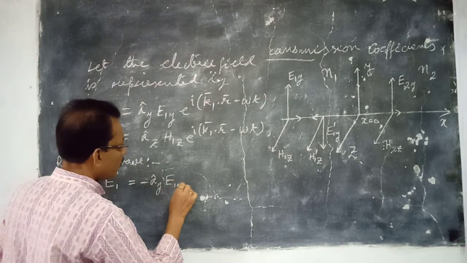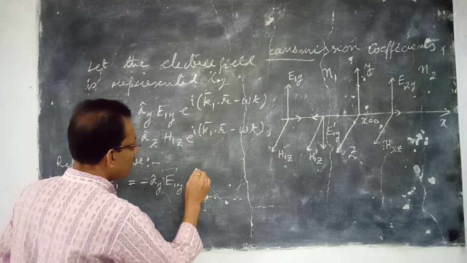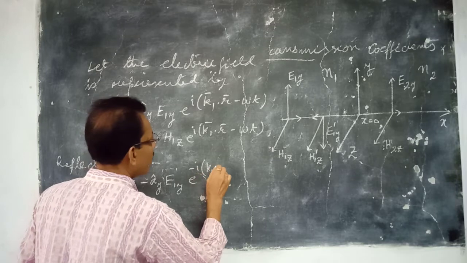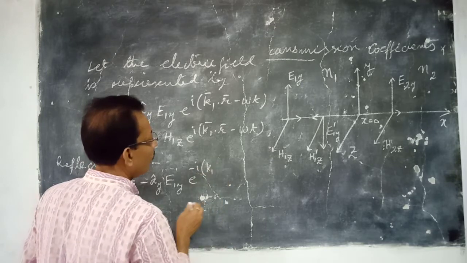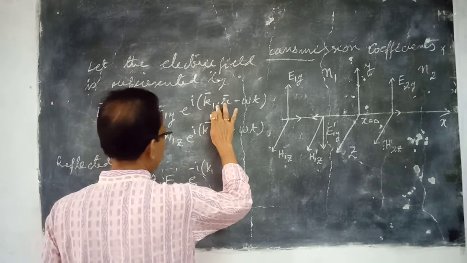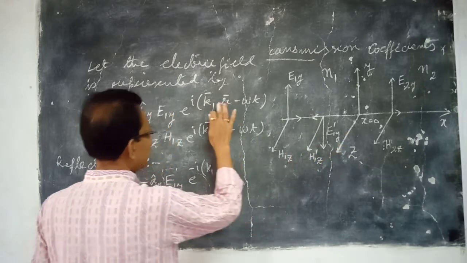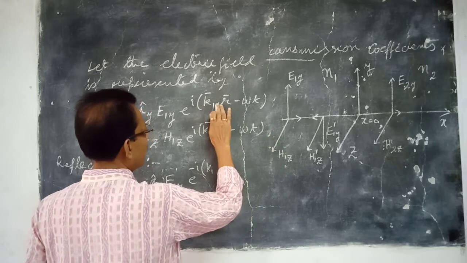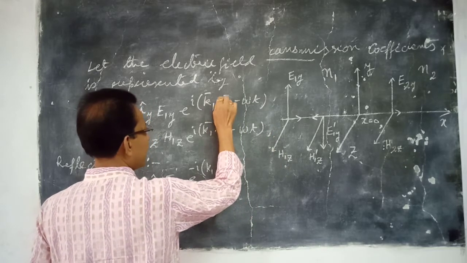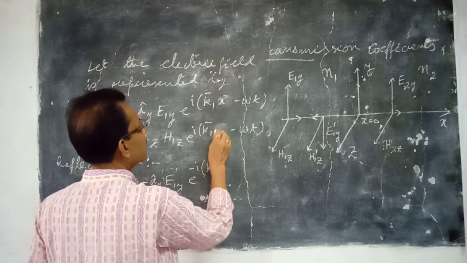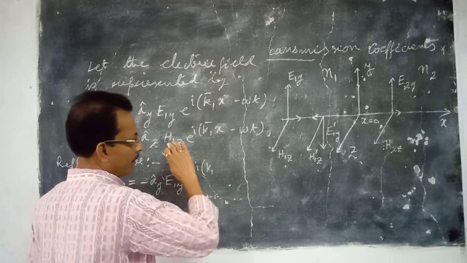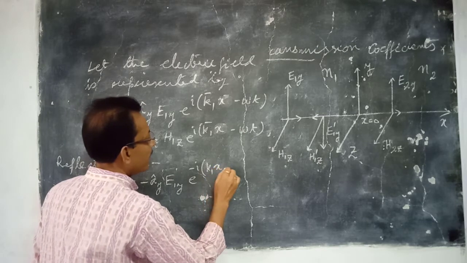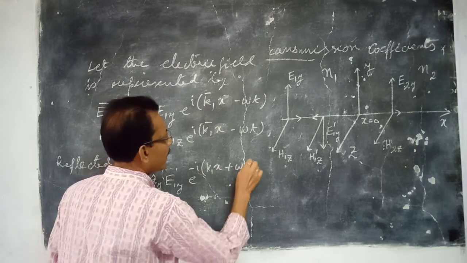Amplitude is E1y prime e to the power minus i K1 dot r. Actually K1 dot r, here it is traveling along the x-axis, so only the x component will be there, K1x. It is traveling along the x-axis only, normal incidence, which we have considered, so here it is K1x plus omega t.